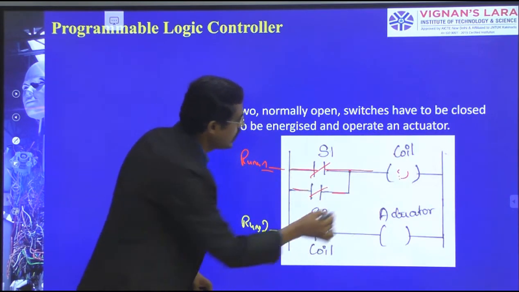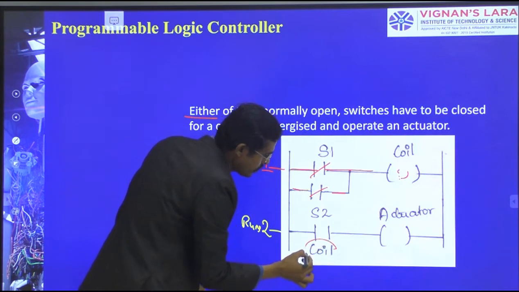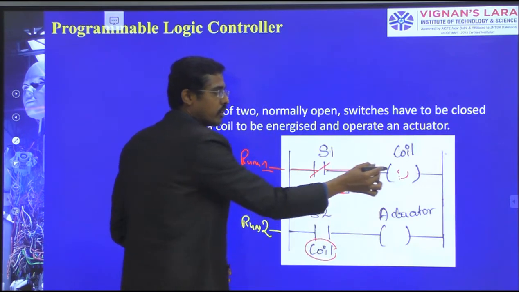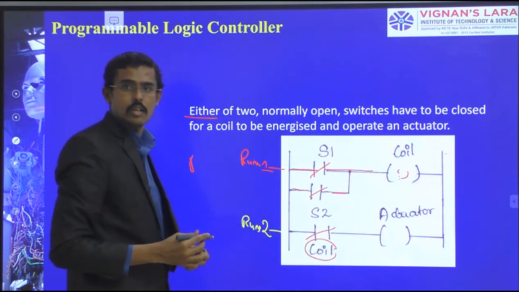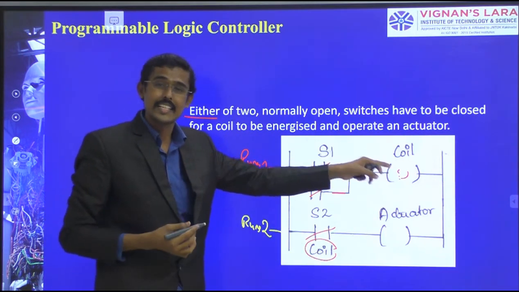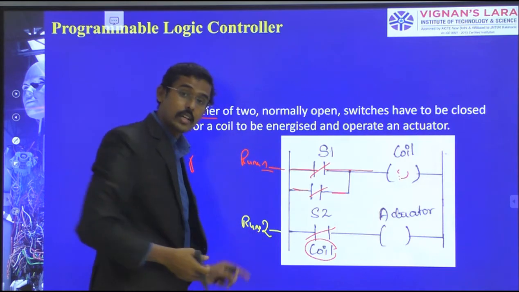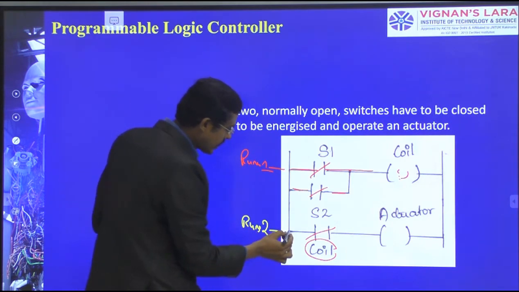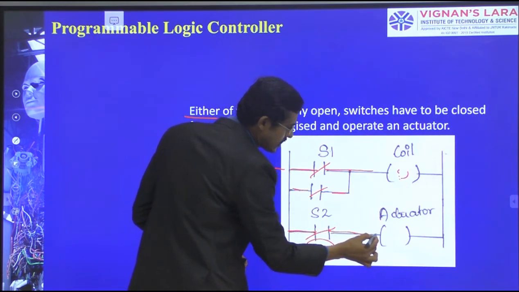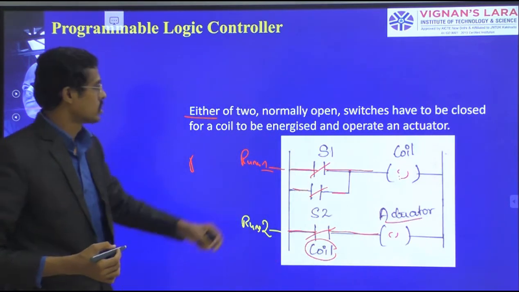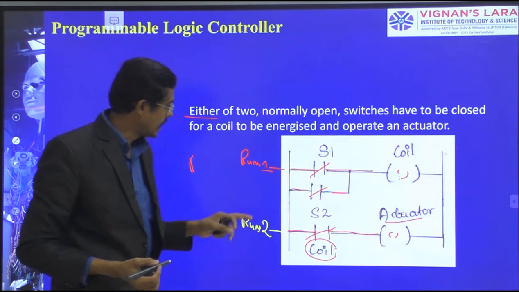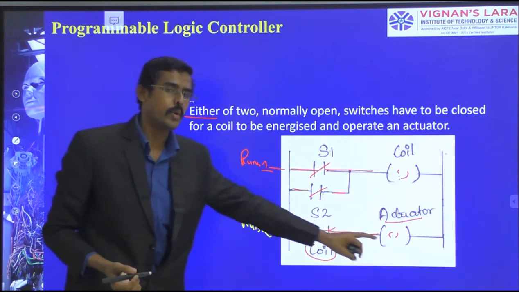If the coil is energized, obviously this connection will be closed. The coil output is taken as an input in rung 2, so this connection activates the next one, named as the actuator.